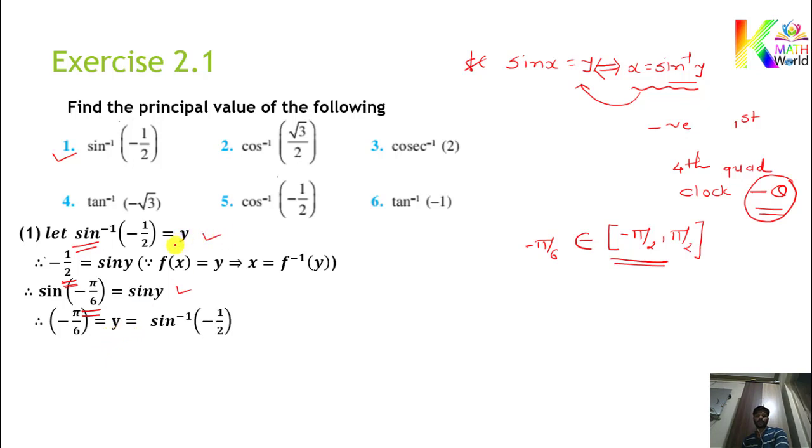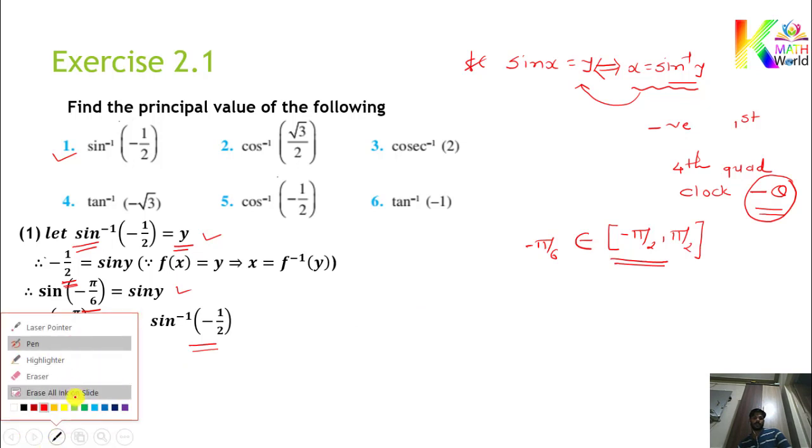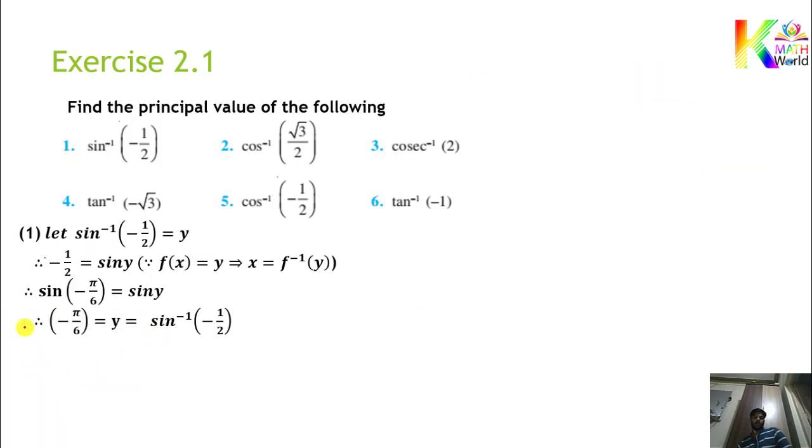And what is your y? You assumed it to be sine inverse of this one, so it means minus pi by 6. That is your answer for this one. Okay, if you want to write the answer directly, suppose you want to write the direct answer of this one.